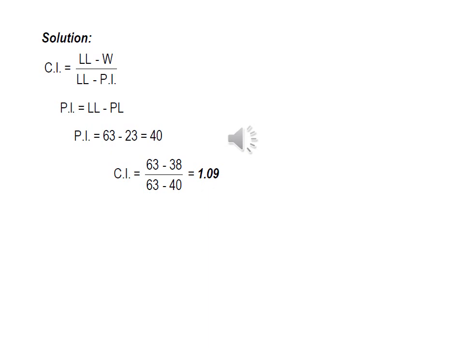So we could compute for PI, or plasticity index. We get PI as 40, and getting the value of PI, we could compute for Ci, which is 63 minus 38 over 63 minus 40 equals 1.09.